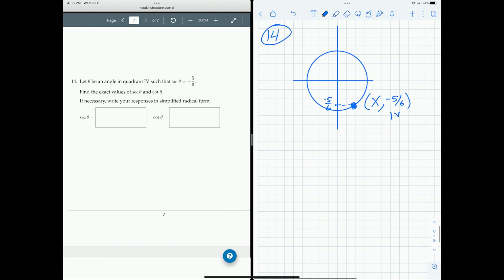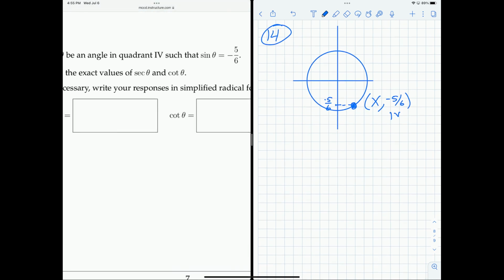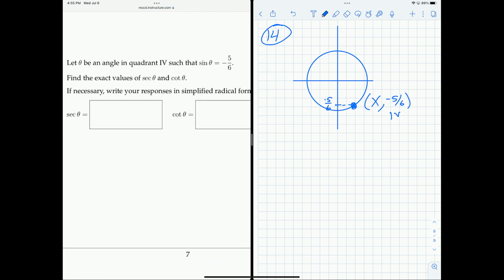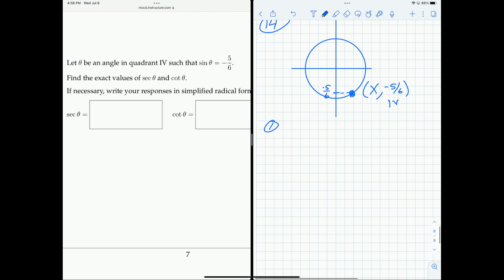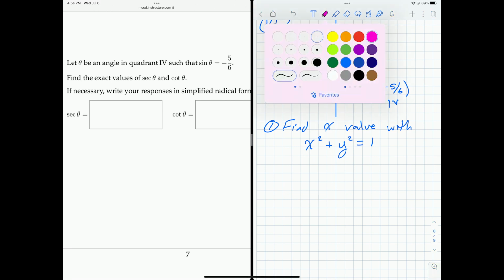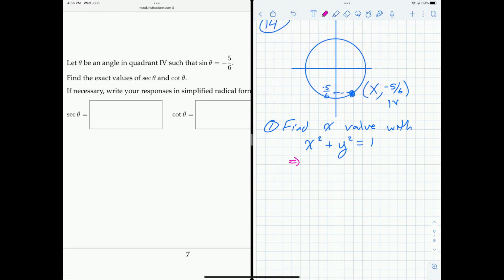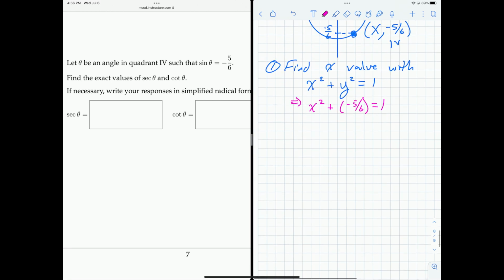Now what we want is the secant and the cotangent, which in order to find those, we need to know the x value. So your step 1 here is going to be find the x value with the equation of the unit circle. Remember this, x squared plus y squared equals 1. So you plug in what you know, which is that y is -5/6, and find x.